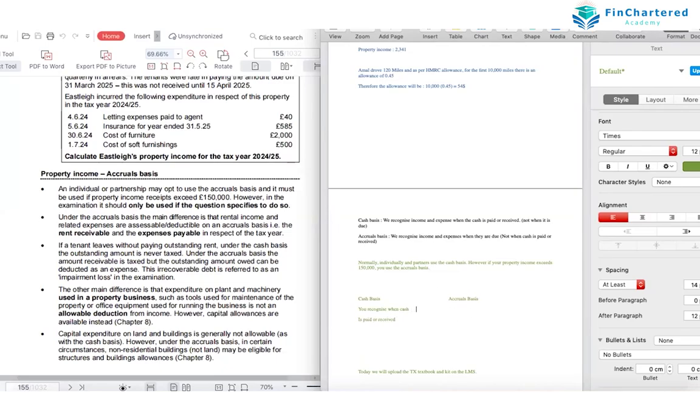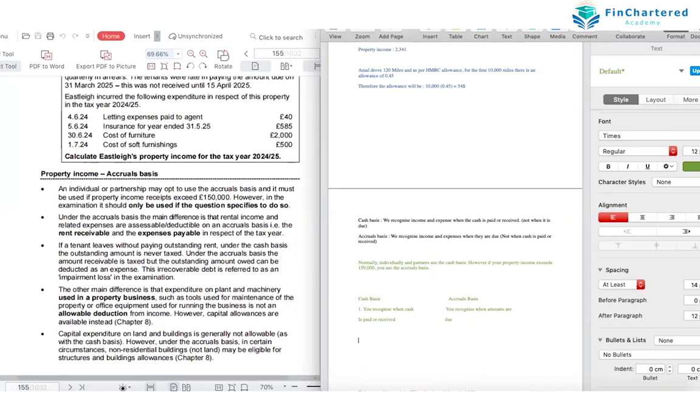Accruals basis, you recognize income or expense when amounts are due. That's the first major difference between cash basis and accruals basis.